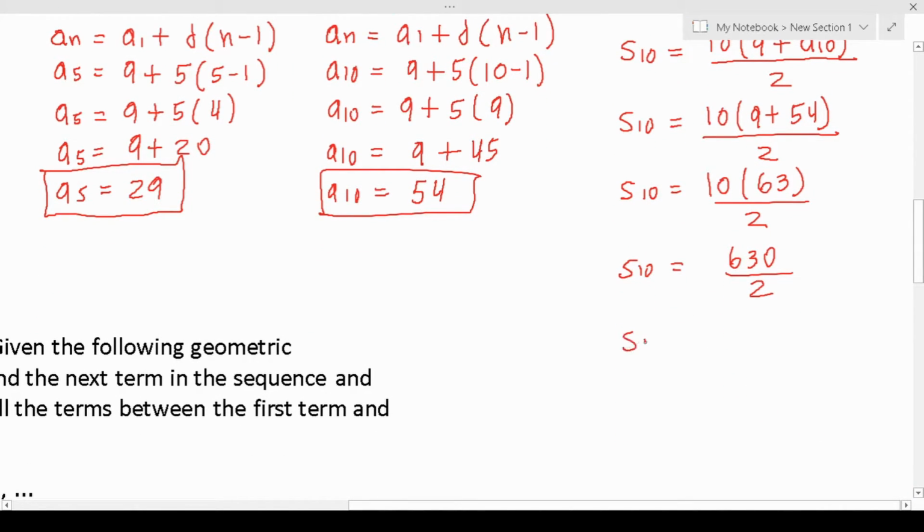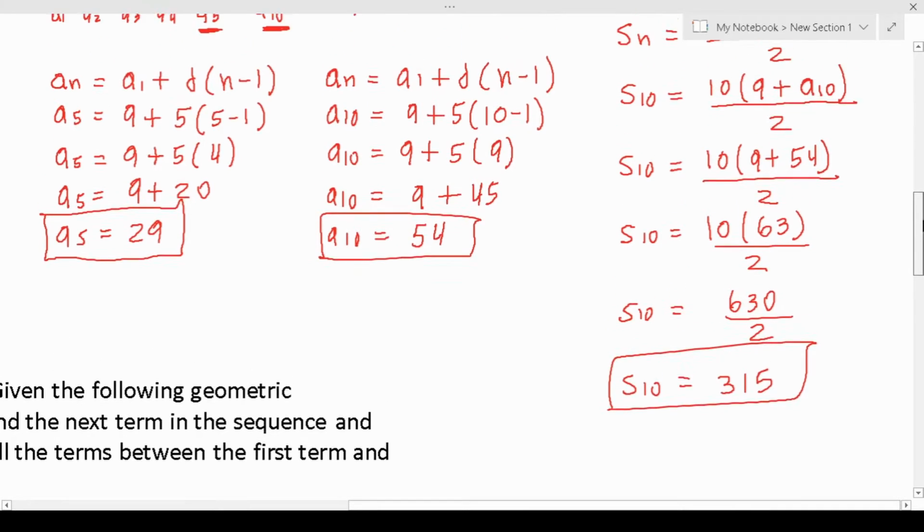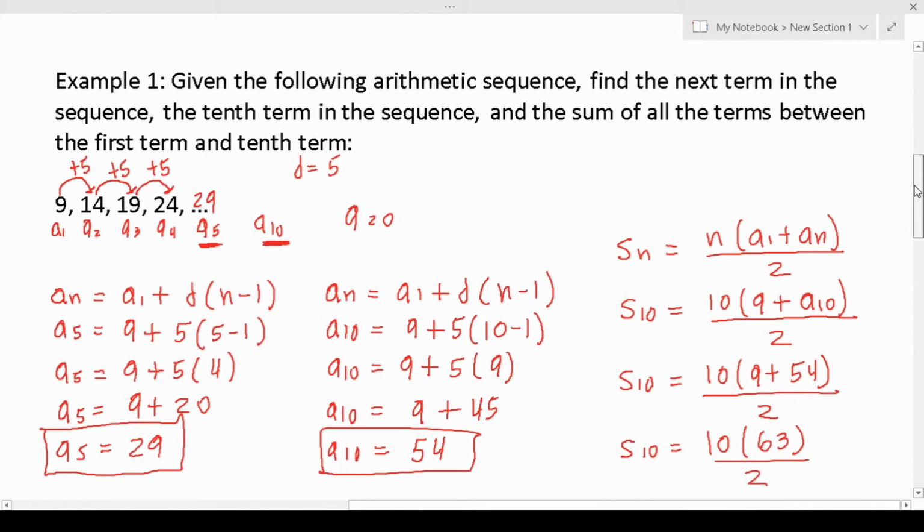This one's pretty easy to do in our head. 630 divided by 2: 6 divided by 2 is 3, 30 divided by 2 is 15. So as we can see, the sum of the first 10 terms in this arithmetic sequence is going to be 315. Okay, so that was that one.